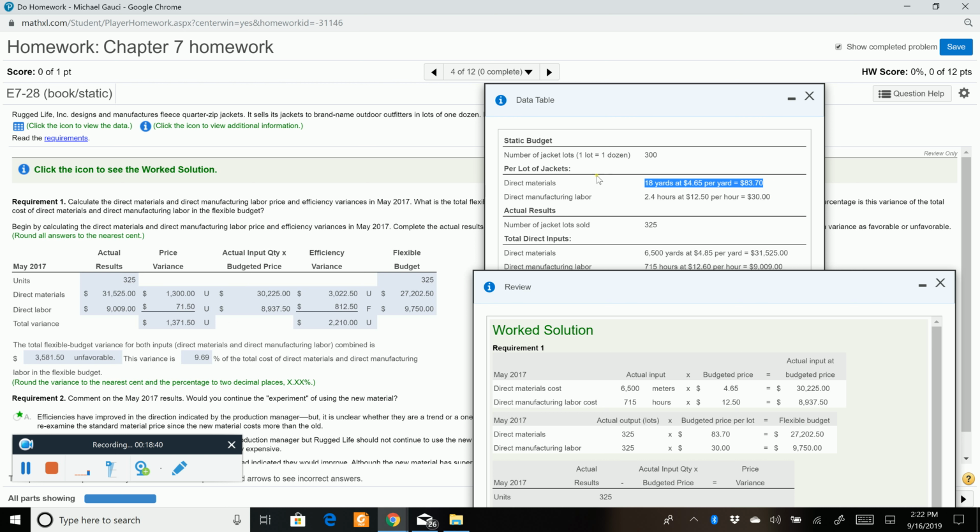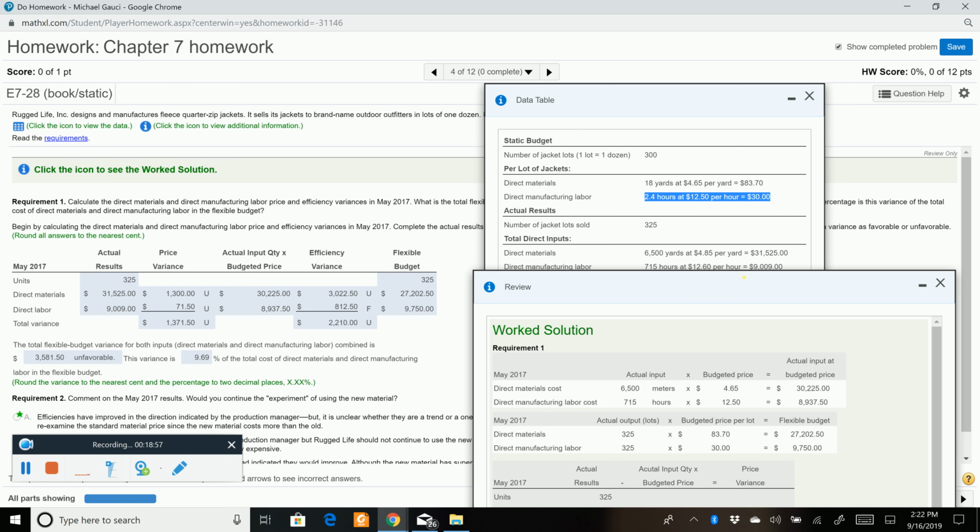And remember, each lot is a dozen jackets. For labor, 2.4 hours at a standard $12.50 per hour. So the standard for labor is $30 per lot.